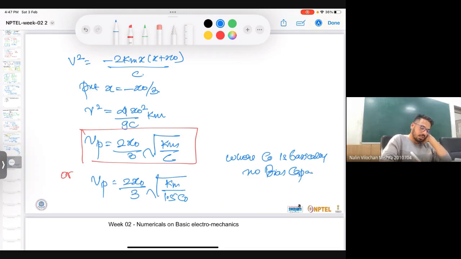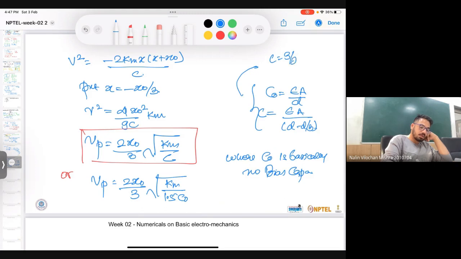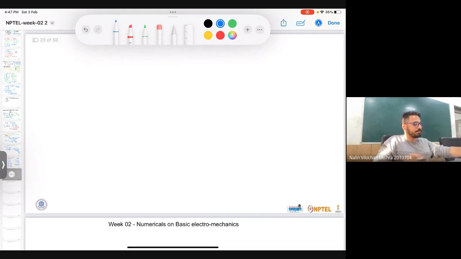You can calculate C naught as epsilon A by d, and the pull-in capacitance is epsilon A by (d minus d by 3). By solving these two equations, you will get C equals 3 by 2 C naught. So this is the concept of pull-in.